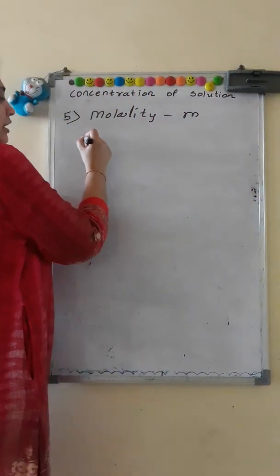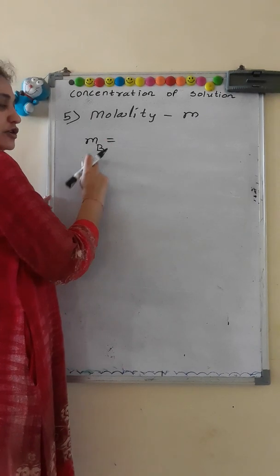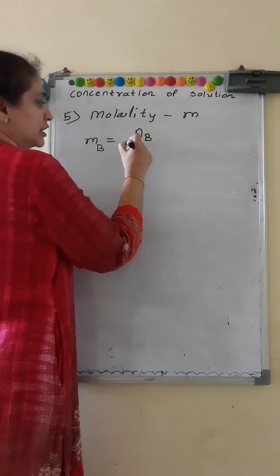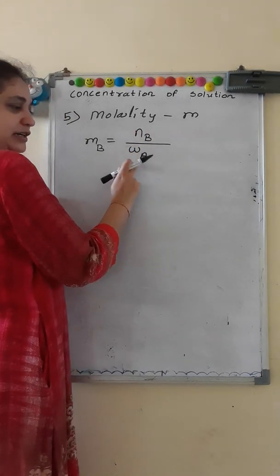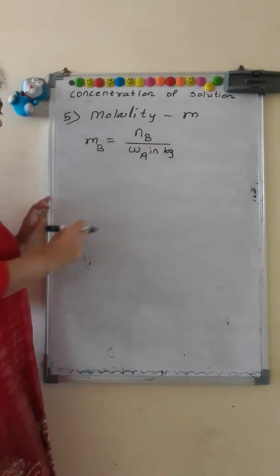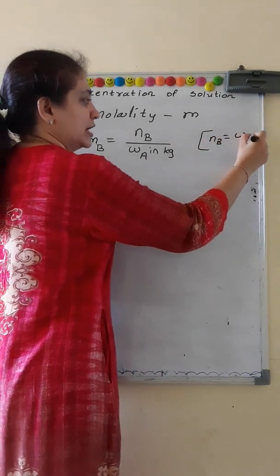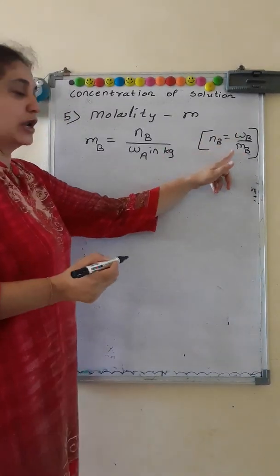So it is calculated as molality of solute is equal to number of mole of solute divided by mass of solvent WA in kilogram. As we already know, NB is equal to WB upon MB, that is given mass upon molar mass.